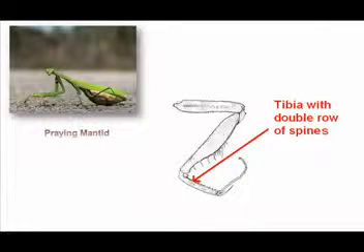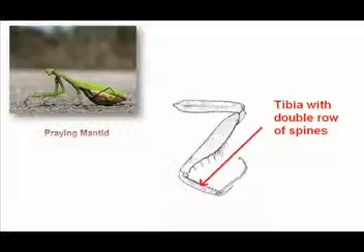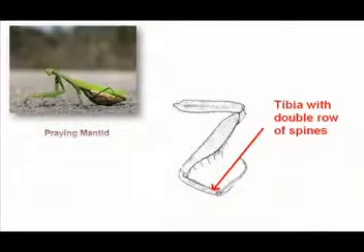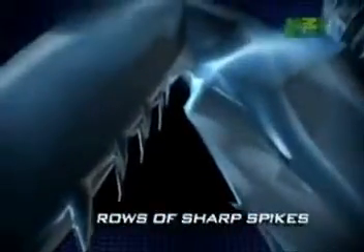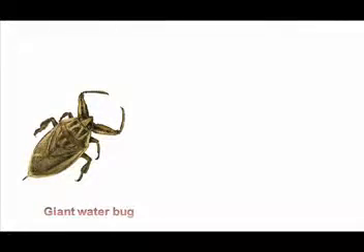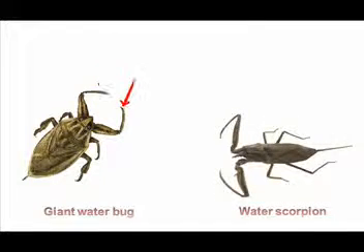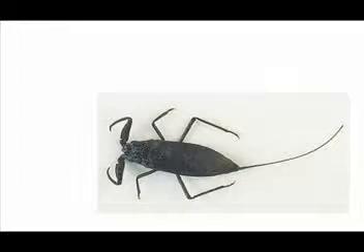Tibia also has a double row of spines and it fits into the longitudinal groove of the femur between the rows of spines and helps the insect in grasping its prey. Four legs of giant water bug and water scorpion are also raptorial. In these legs, femur and tibia form a pincer-like grip.